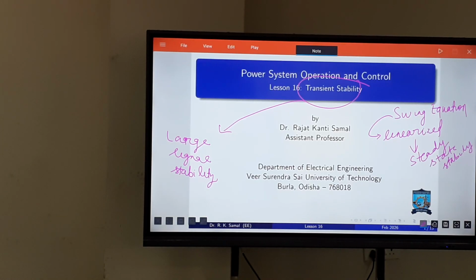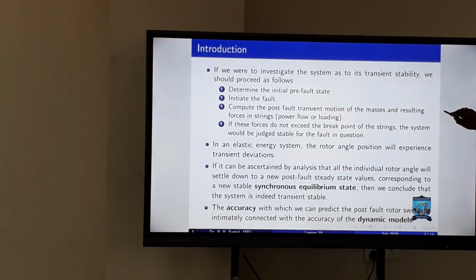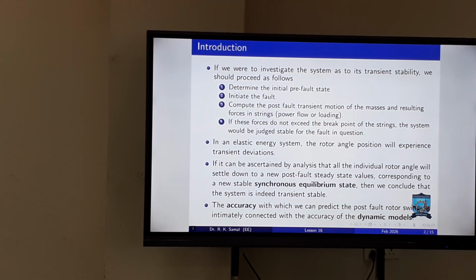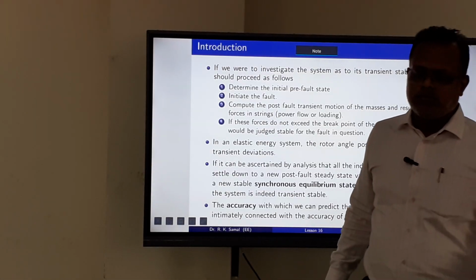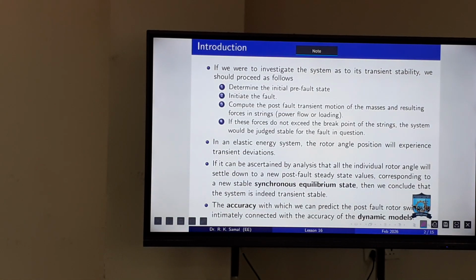So make a heading in your notebook: transient stability or large signal stability. Evaluation of transient stability is a phenomenon that happens before the fault occurs.